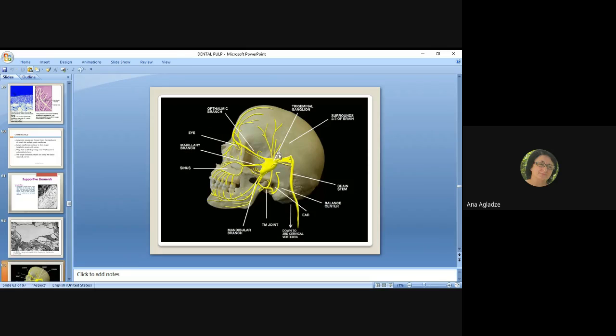Now you know that we have mentioned that the dental pulp is very well innervated, and there are different types of innervation. This innervation takes place from the trigeminal ganglion, which you already know.